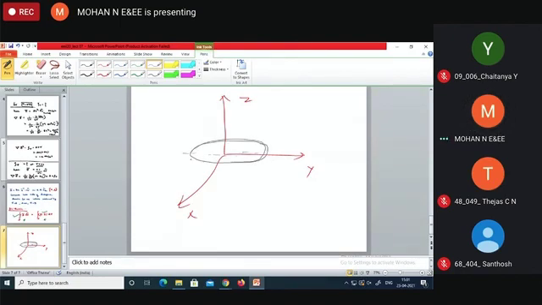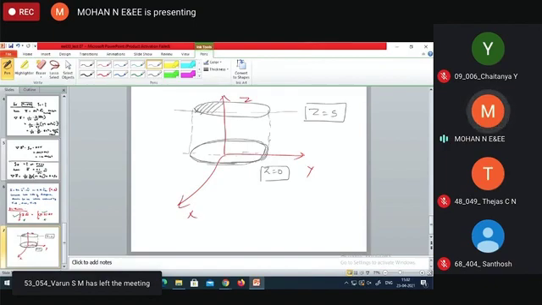The top surface of the cylinder is at one more plane, z is equal to 5.